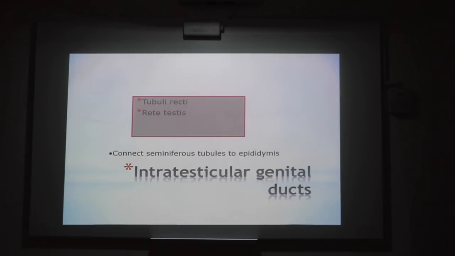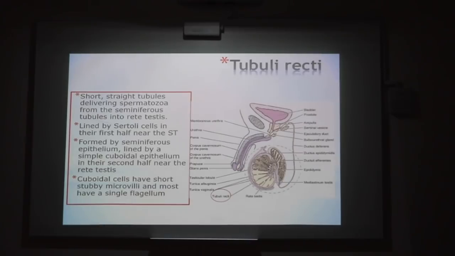Now these terminal portions of the seminiferous tubules deliver the spermatozoa from the seminiferous tubule to the rete testis. The seminiferous tubules have two types of cells: the spermatogenic series and the Sertoli cells.